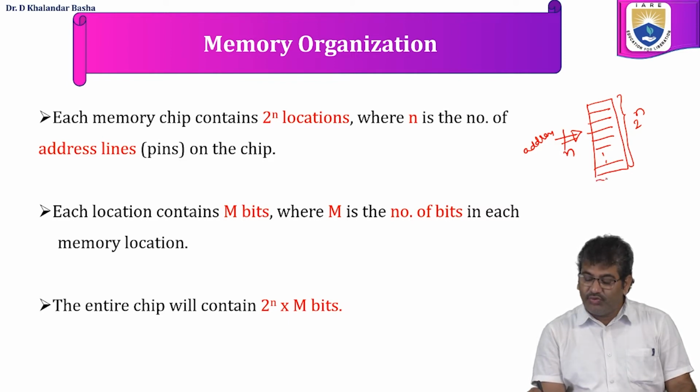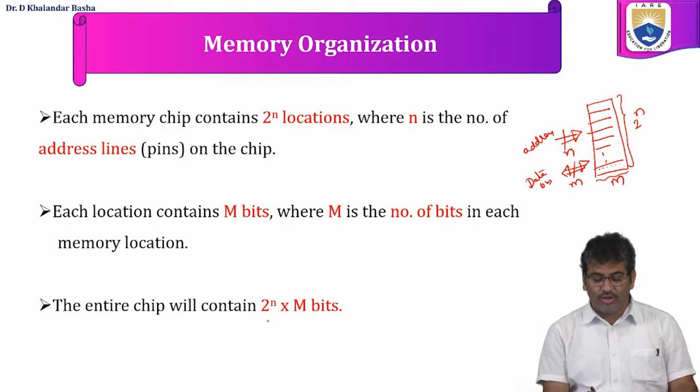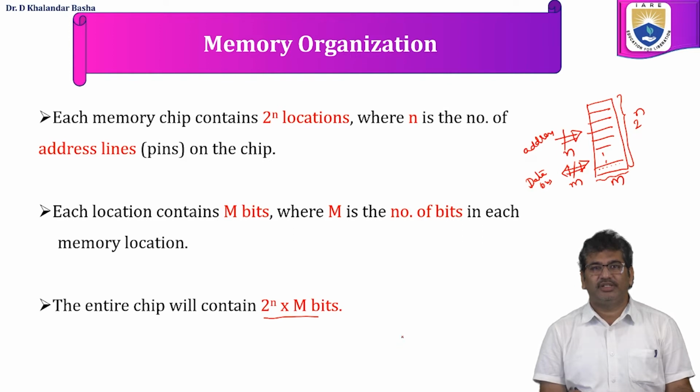Next, the size of each memory location depends upon the data bus size. If each location contains m bits, where m indicates the number of bits in each memory location, then the memory chip with 2 to the power of n locations, each with m bits, we can represent as 2 to the power of n cross m bits.